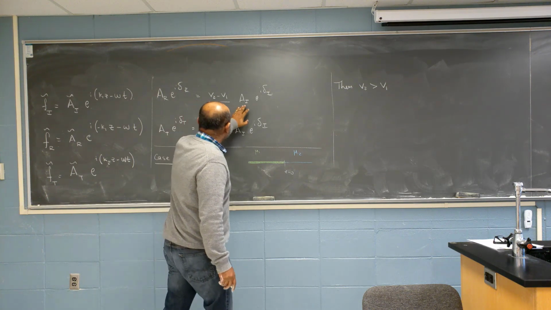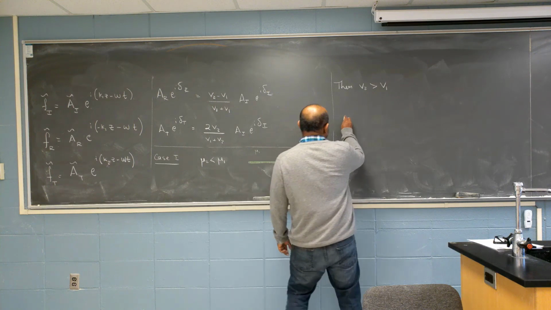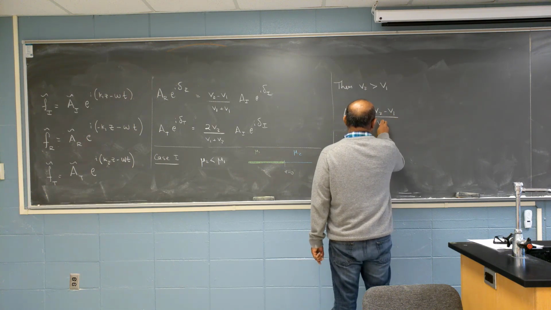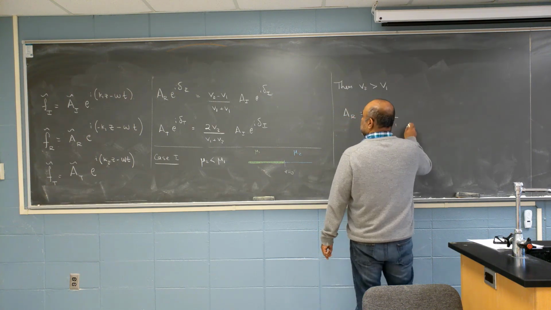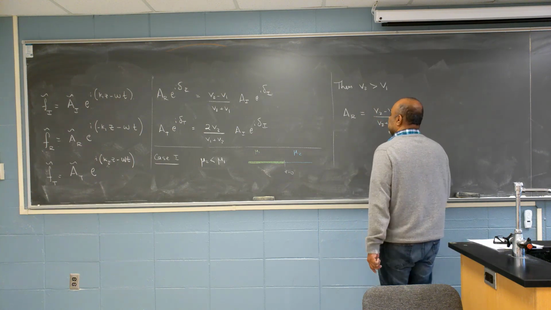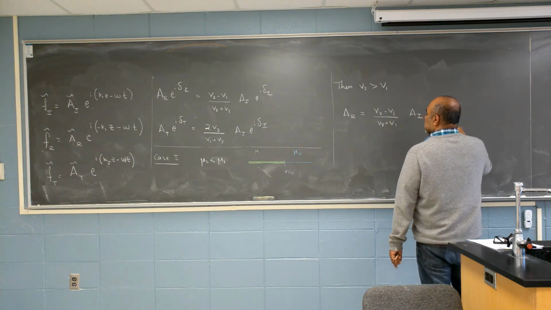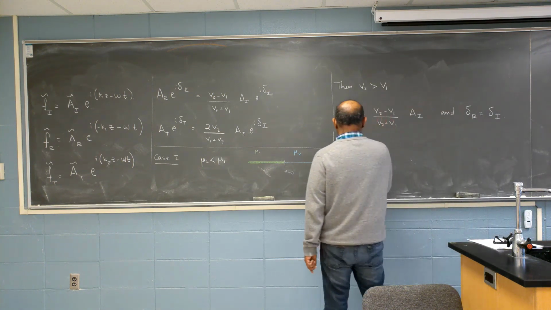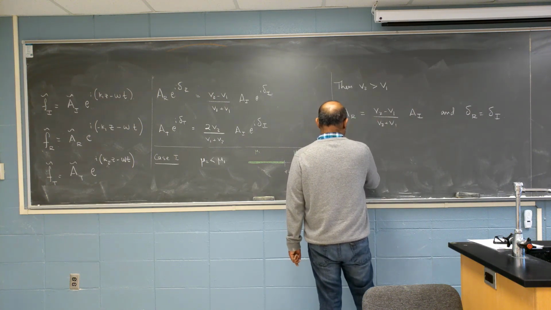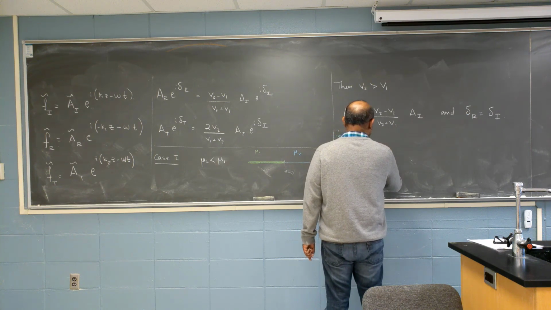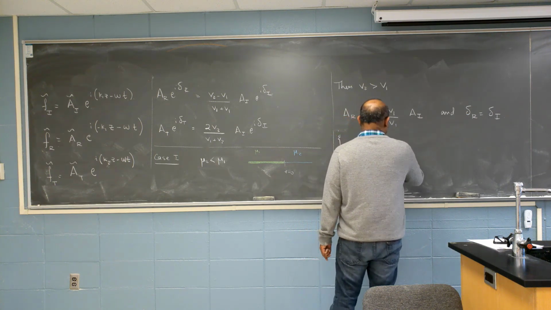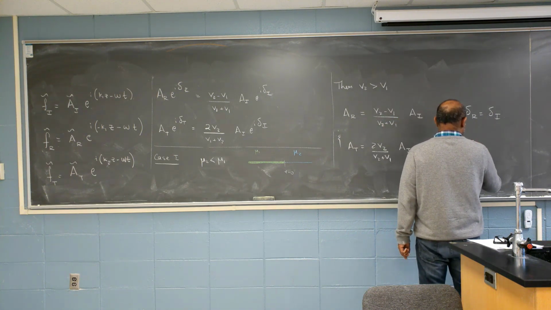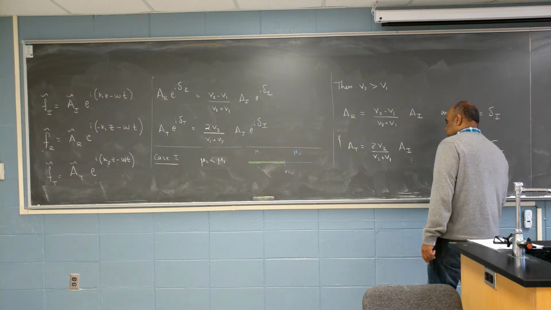So because I want AI and AR to be positive, I can set AR equal to (V2 minus V1) over (V2 plus V1) times AI, and delta R equals delta I, and AT equals 2 V2 over (V2 plus V1) AI, and delta transmitted equals delta I. So all three waves are in phase.